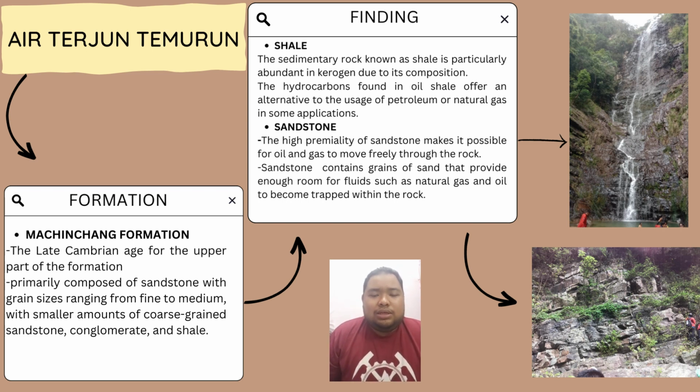Another finding at Hydrogen Tumurun is sandstone, whose high permeability makes it possible for oil and gas to move freely through the rock.